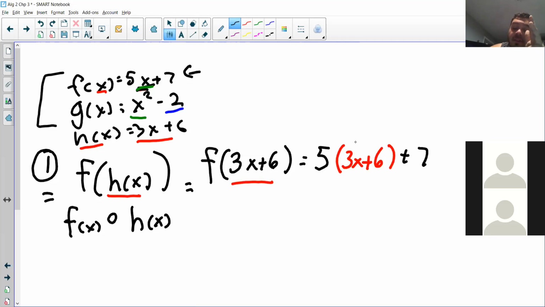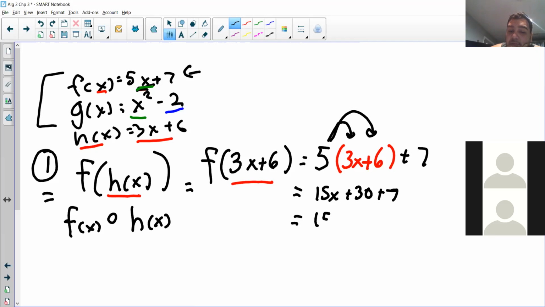So the new lesson of today is I can substitute functions into other functions, and that's called a composition. But after you do all the substituting, it's back to normal algebra. Let's distribute the 5. So that's 15x plus 30 plus 7.